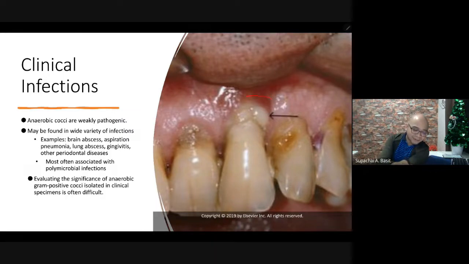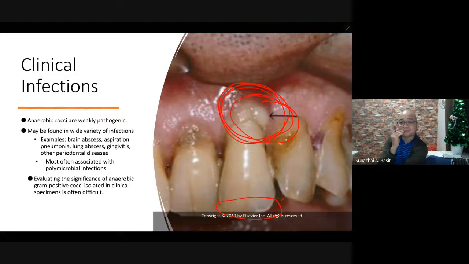This is an example of periodontitis wherein the connective tissue that allows our tooth to be attached to the gums is actually infected, which is different from dental caries. Kasi yung dental caries, tooth decay lang. But ito mismo, yung connective tissue that cements the tooth to the bone. Di ba yung tooth natin connected sa bone?